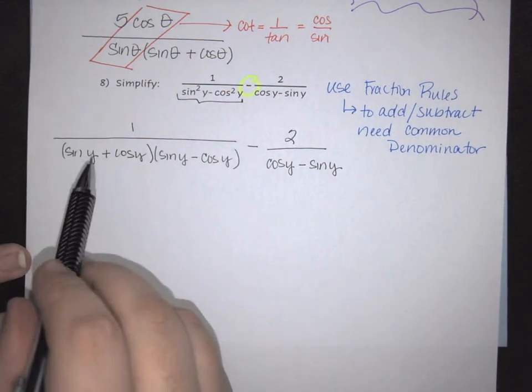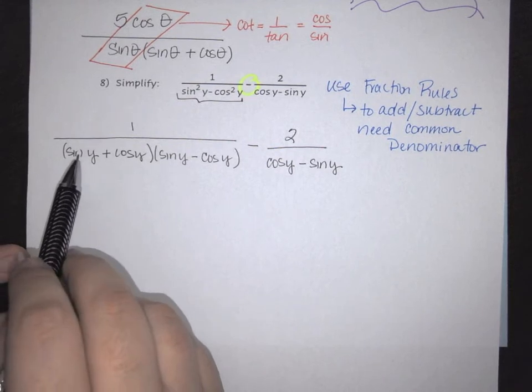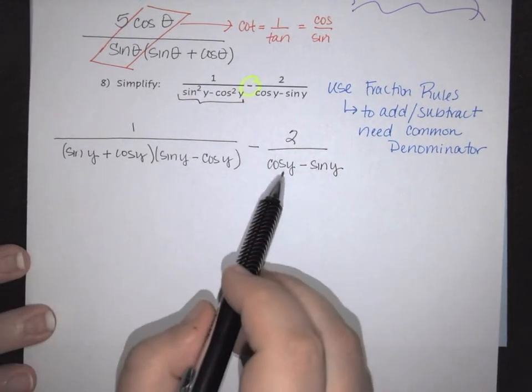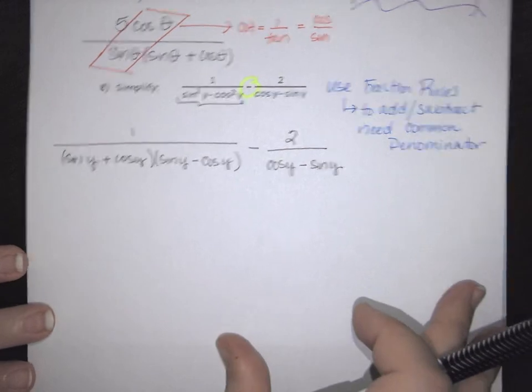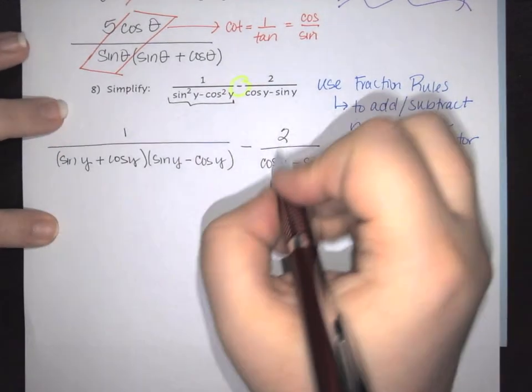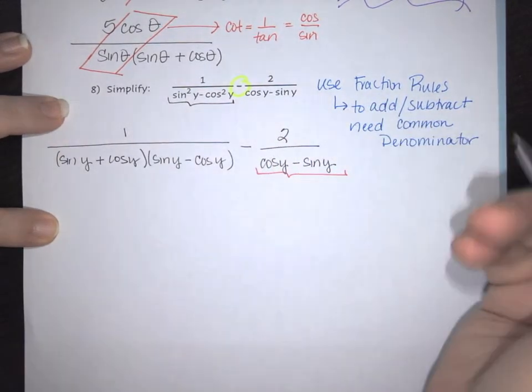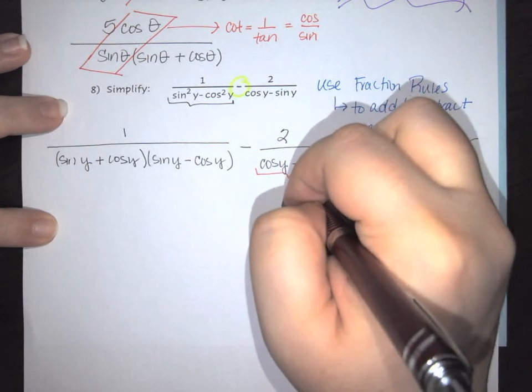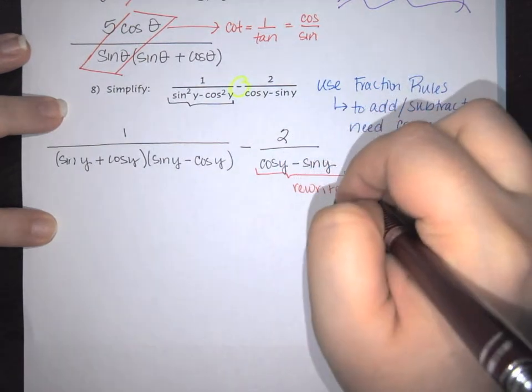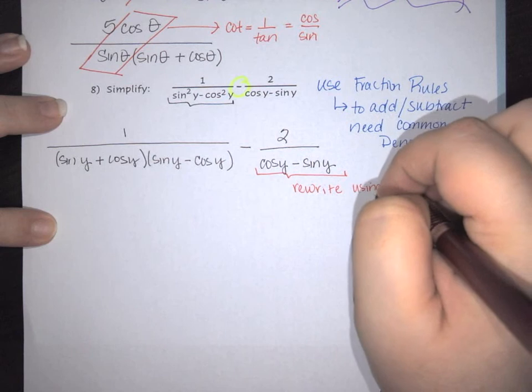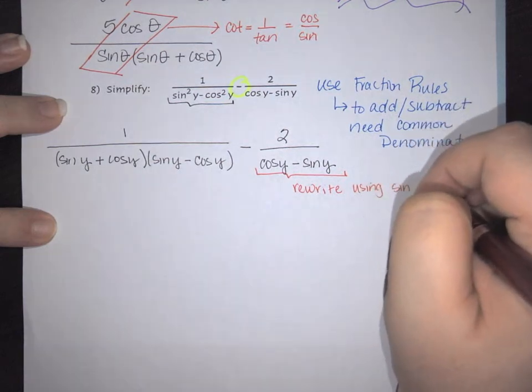Now, with this, notice on my first fraction I have sine then cosine. On my second fraction I have cosine then sine. So one of the things that I want to do is take this second fraction and rewrite it using sine first.